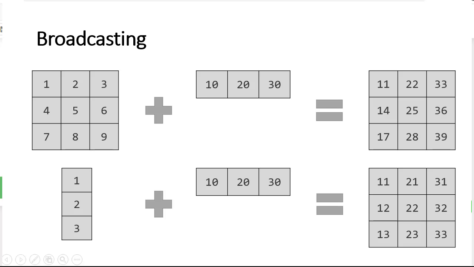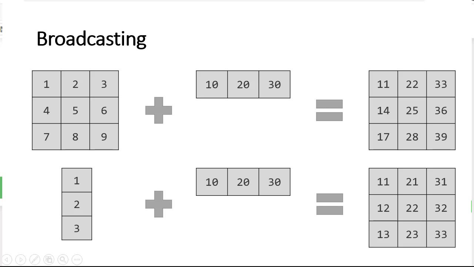However, if one of the arrays has a different shape, then it becomes tricky. In order to perform a broadcasting operation, NumPy verifies the dimensions and checks if they are compatible with each other. If one of the dimensions is 1, then it can be broadcasted to match the dimension of the other array.